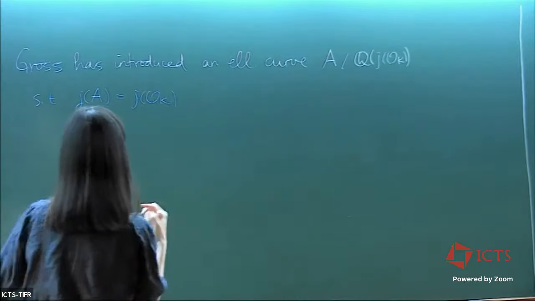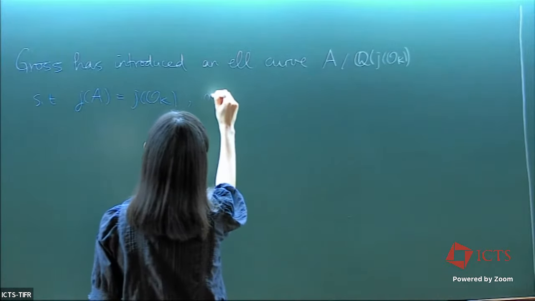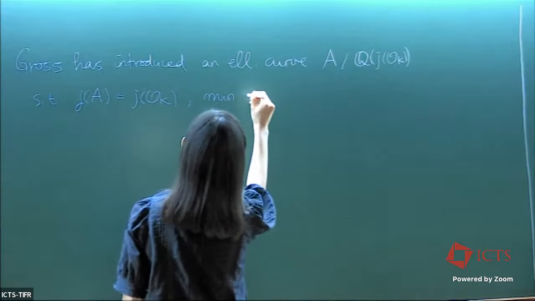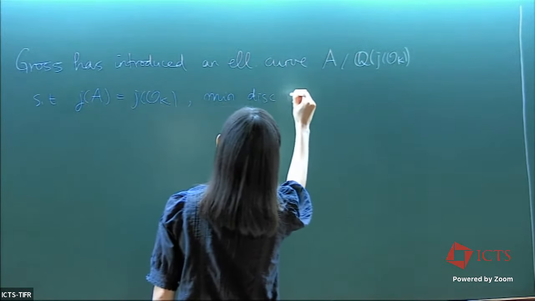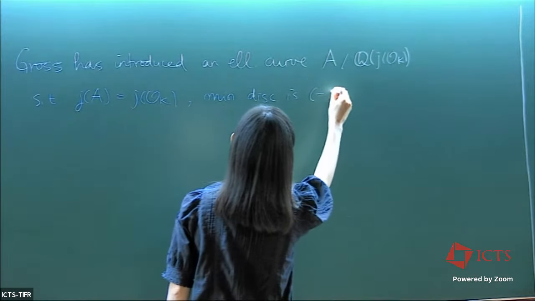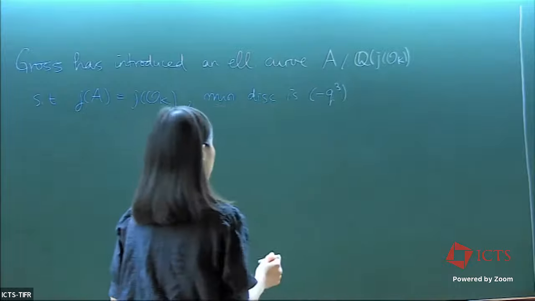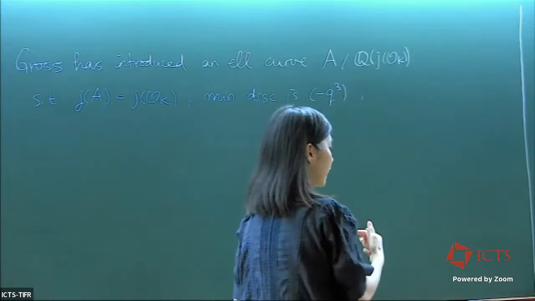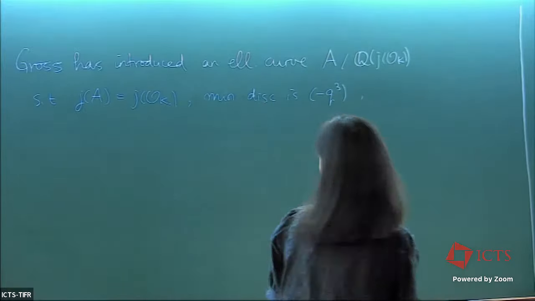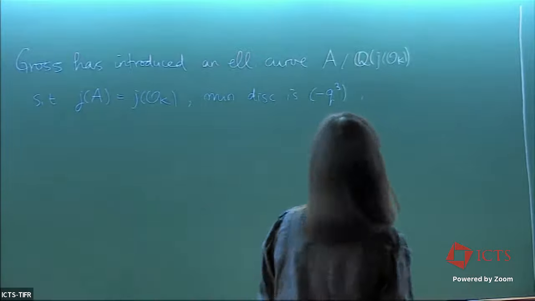So it has complex multiplication by O_K. Its minimal discriminant ideal is generated by -q cubed, so it's divisible only by 1 prime. And it is no longer defined over Q unless q is equal to 7, the prime q.